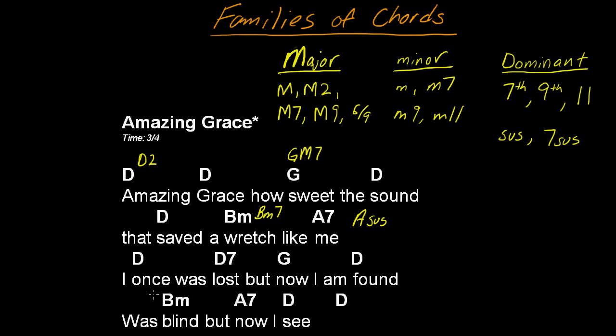If on this bottom line here, I were to just say, hey, I've learned this great new thing that I can do. So on this B, I'm going to play B minor 11. On this A7, I'm going to play an A9 chord. On this D, I'm going to play a D6 9, because that's a major.